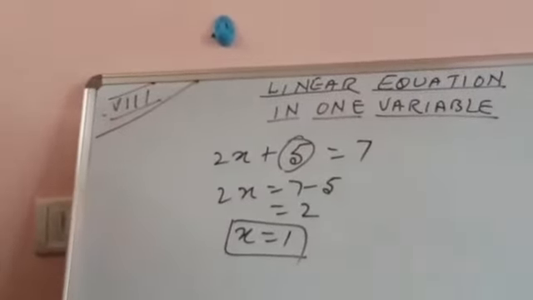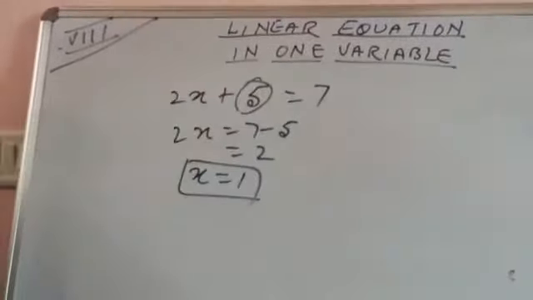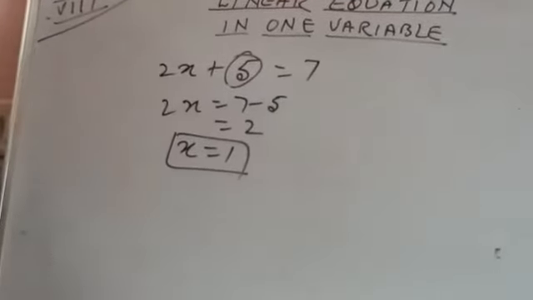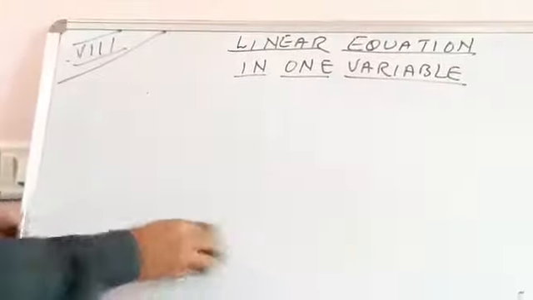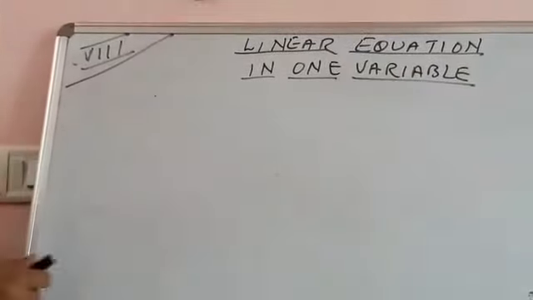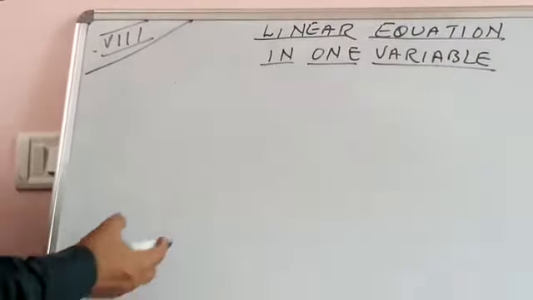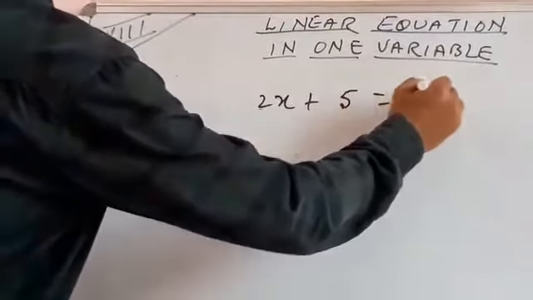If anybody asks the reason why this 5 becomes minus when it comes to this side, do you have an answer? Probably you won't. So for this, here it is explained what we do. Actually we have some trend in mathematics; we follow the trend in mathematics. In every subject there is a trend, there is a concept. Suppose I'm writing one question here, the same 2x plus 5 is equal to 7.